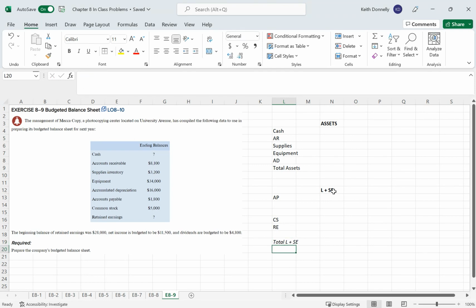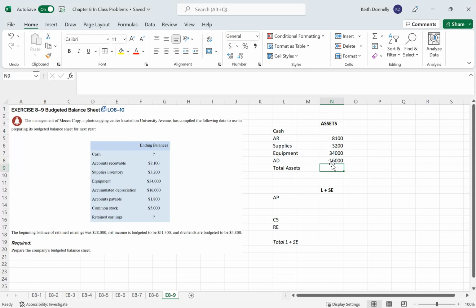Some of these we can just plug in from over there. Accounts receivable, it looks like that's $8,100. Just snag it from over there. Supplies, we're looking at $3,200. Equipment, $34,000. Accumulated depreciation is 16.